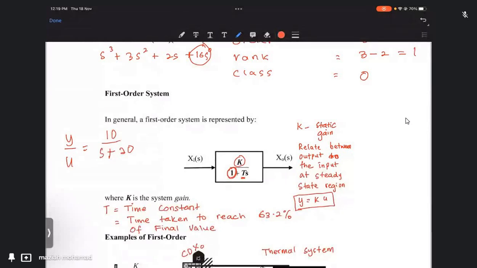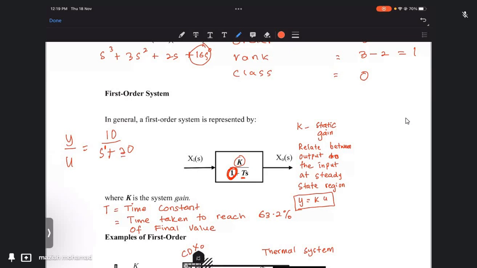You want to determine what is the value of k and what is the value of t from this system. We know this is first order because this is s to the power of 1. But in order to determine the value of k and t, we need to write the equation in form of general transfer function.